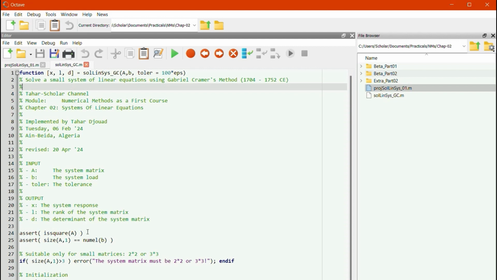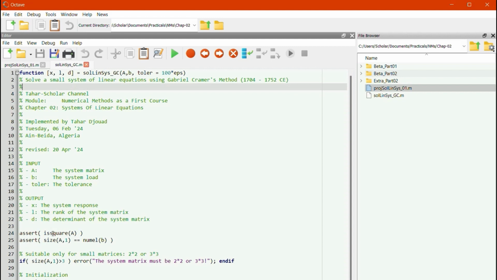So the first thing we do, we check whether A is a square matrix. We use function isSquare. It's equivalent to check size of A first dimension is equal to size of A second dimension, that is the number of rows equal the number of columns.